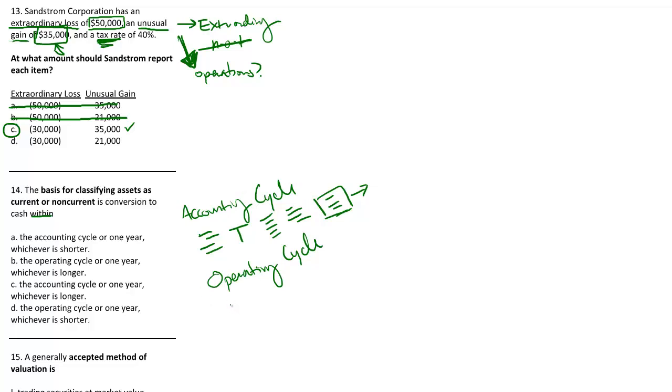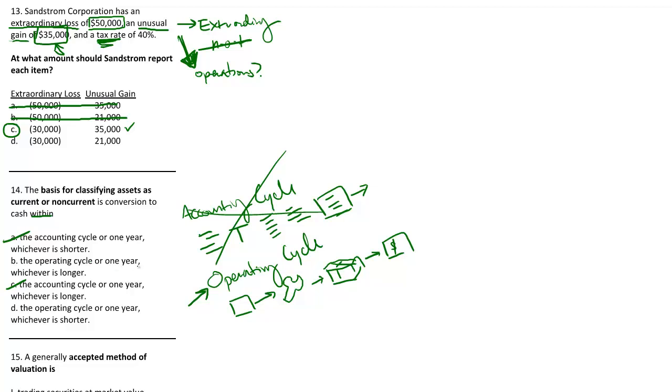The operating cycle is the point where we purchase goods or we build them into something else. We have a nice finished good that we sell to our customers, and we get cash in exchange. So this question is asking us about the operating cycle, not the accounting cycle. You can ignore that. So cross off A and cross off C.